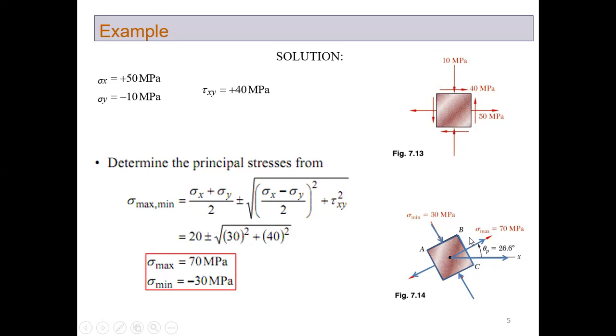If we add 90 to 26.6 degrees, we get 116.6 degrees, which we did on the previous slide. Here you can clearly see both principal axes. The first principal axis, where sigma maximum is 70 MPa, has an orientation of 26.6 degrees. The second principal axis has an angle of 116.6 degrees with the x-axis, and the angle between the principal axes is clearly 90 degrees.